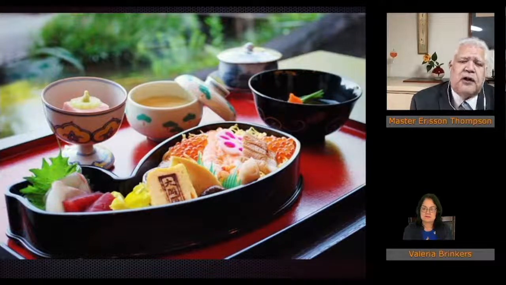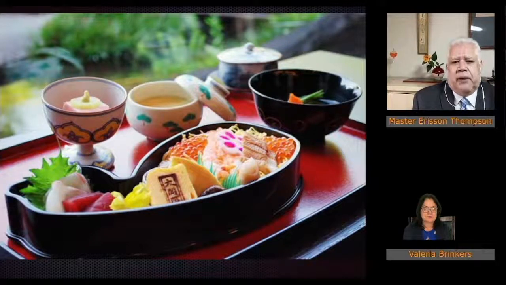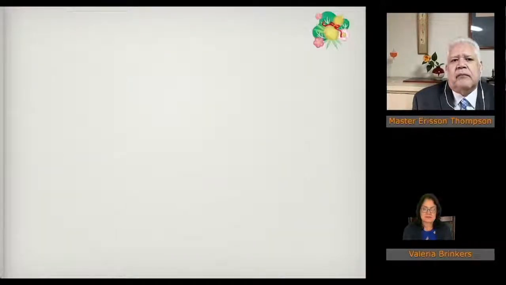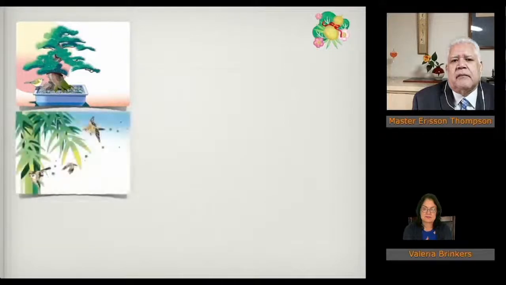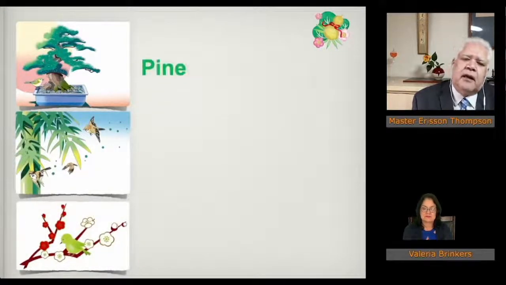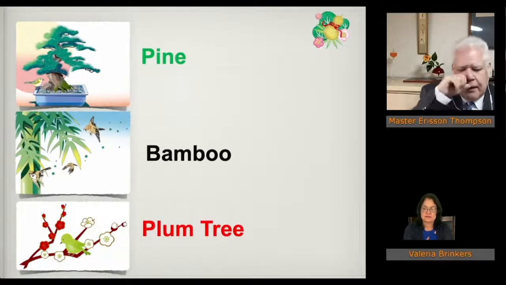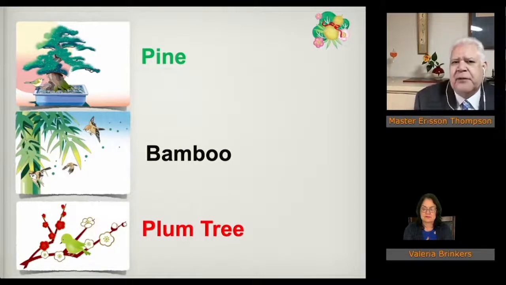Another very strong element of Japanese culture, used a lot in Ikebana, painting, ceramics, and food, is the sho chiku bai: pine, bamboo, and plum.